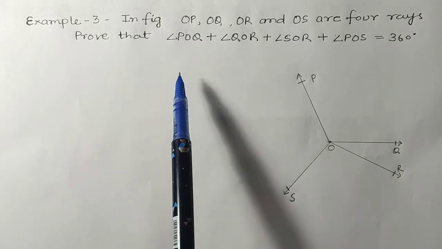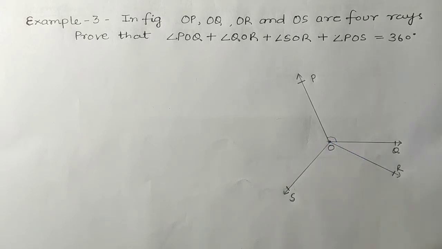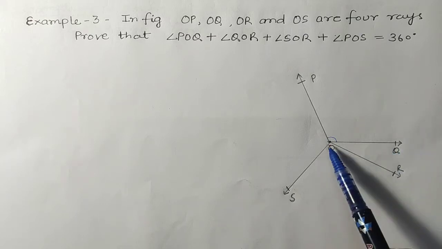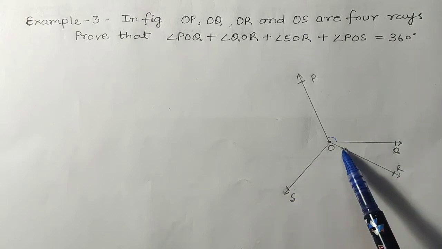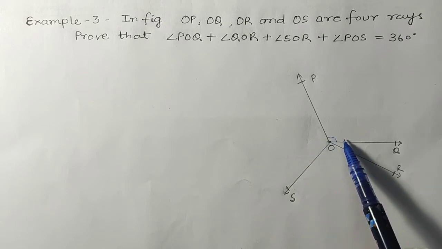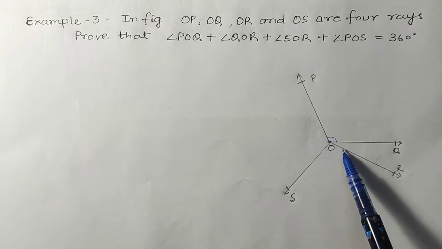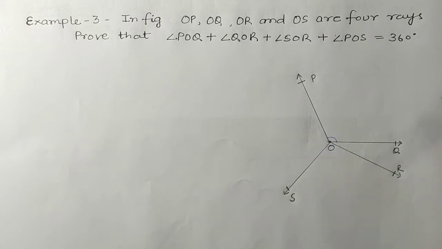We have to prove that angle POQ, angle QOR, angle SOR and angle POS, the sum of all angles at point O, is 360 degrees.